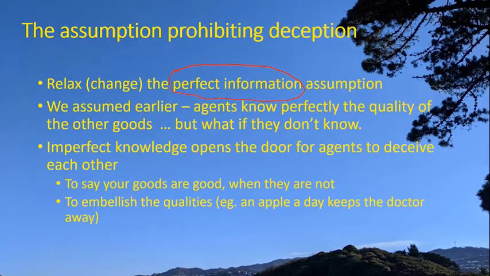All right, well, we can ask, what would happen if we relax this assumption of perfect information? Well, imperfect knowledge, this third bullet point, opens up the door for agents to deceive each other. They can trick each other by basically saying, "Hey, I've got really great goods. You're going to love them. When you buy them, take them home, you'll be happy."